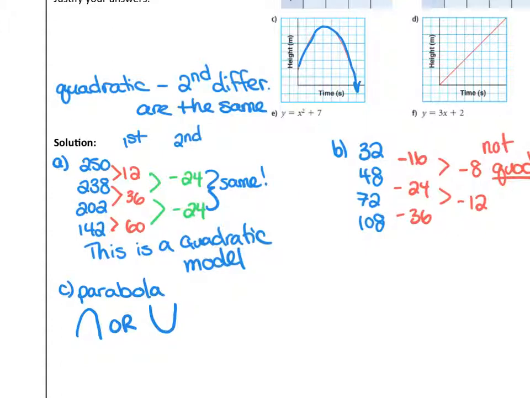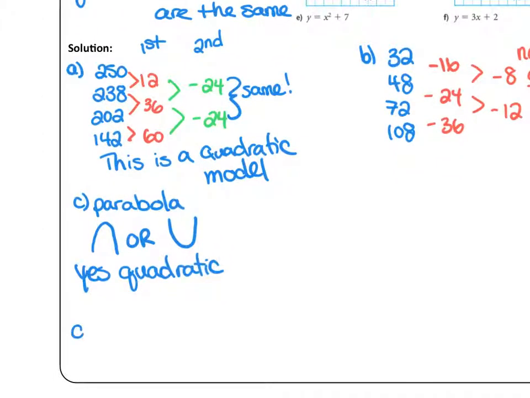But it's got to have that shape. So in C, it does have that shape. So yes, it's quadratic. D, you'll notice is a straight line. It looks like a linear. So we'll say for D, it's linear. So not quadratic.